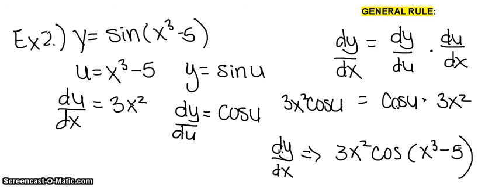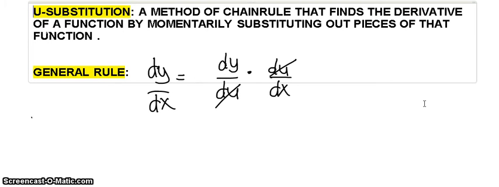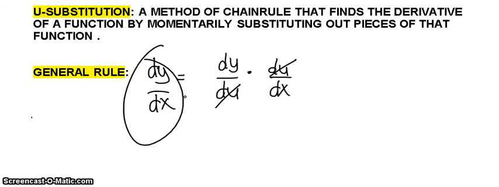Now remember, U substitution is a method of chain rule that finds the derivative of a function by momentarily substituting out pieces of that function. The pieces we are substituting out are referred to as u, and the concept of u substitution is to find dy dx.